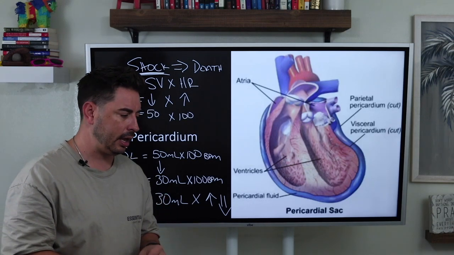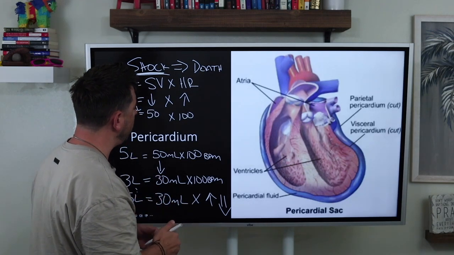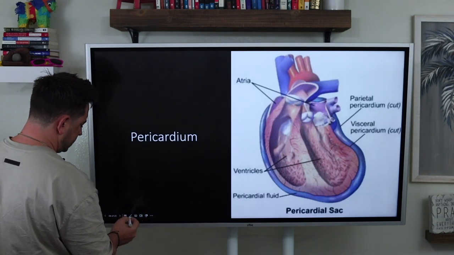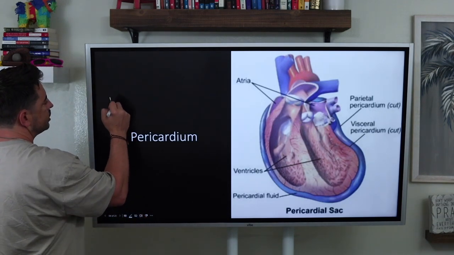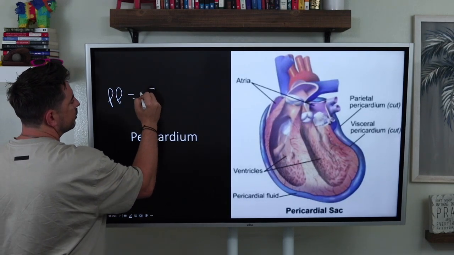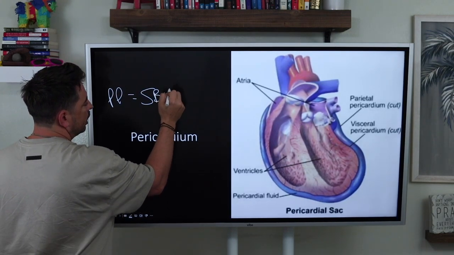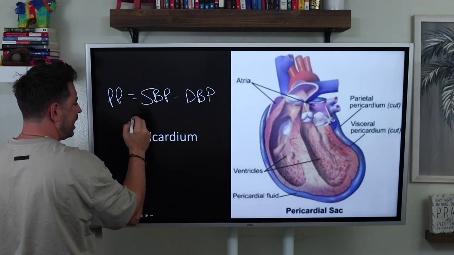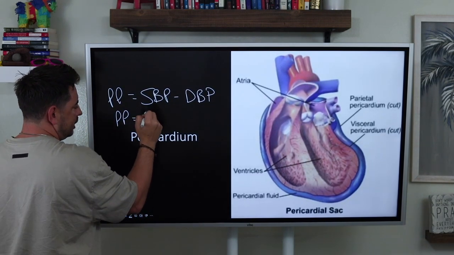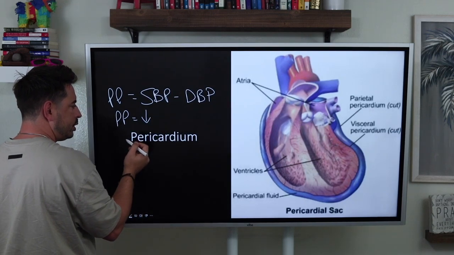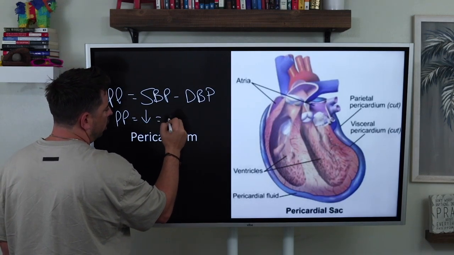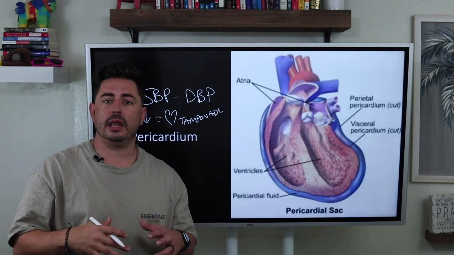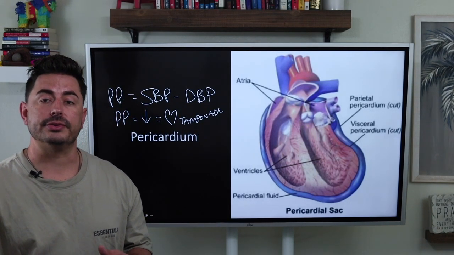Tachycardia, tachypnea, and narrowing of the pulse pressure. Your pulse pressure is the difference between the systolic blood pressure and your diastolic blood pressure. When that starts to narrow, when it gets closer together, one of the things you want to look at is cardiac tamponade. And then one of the last signs that you might see is dyspnea.